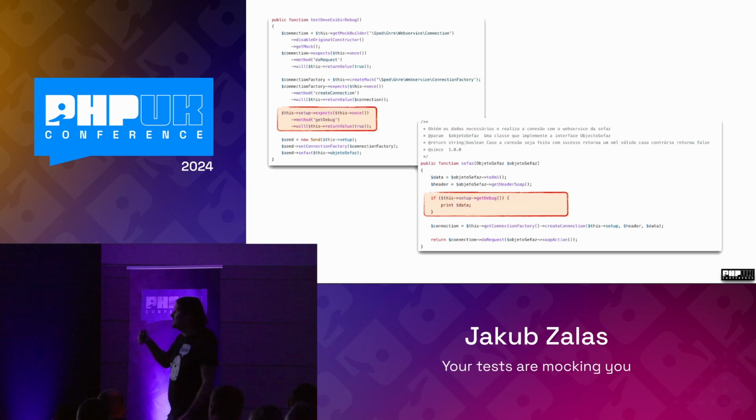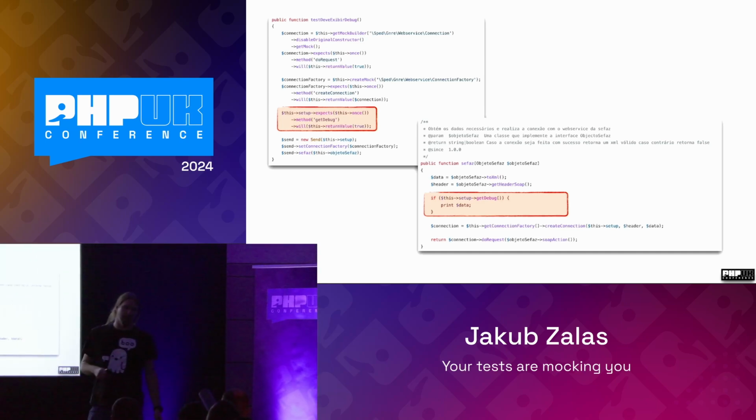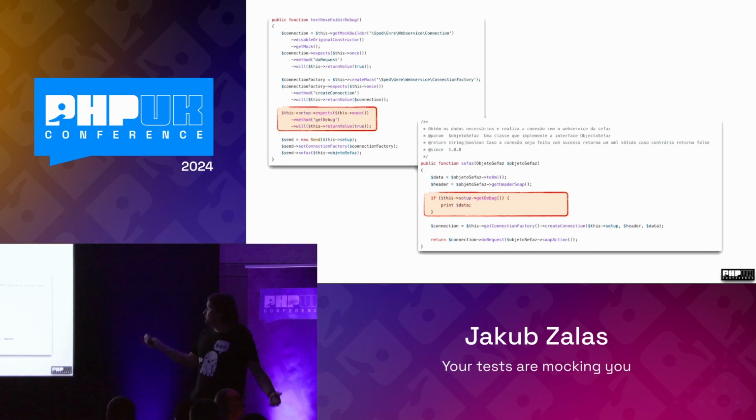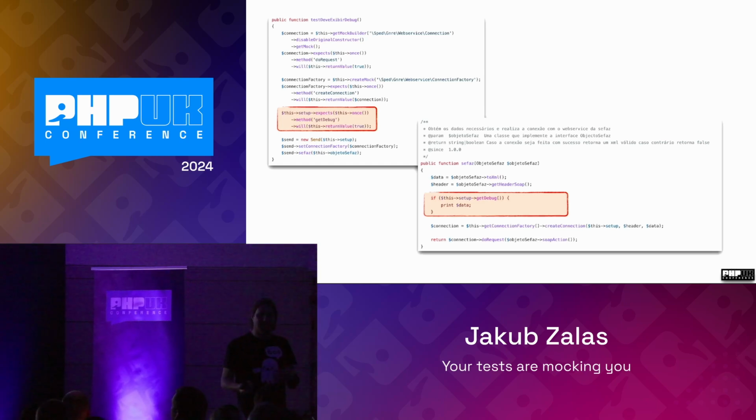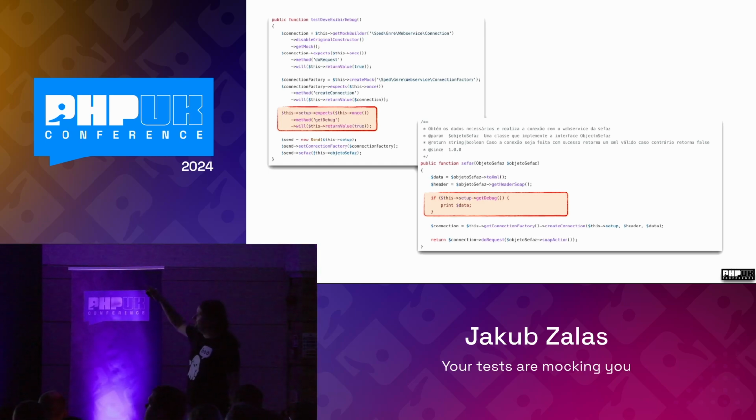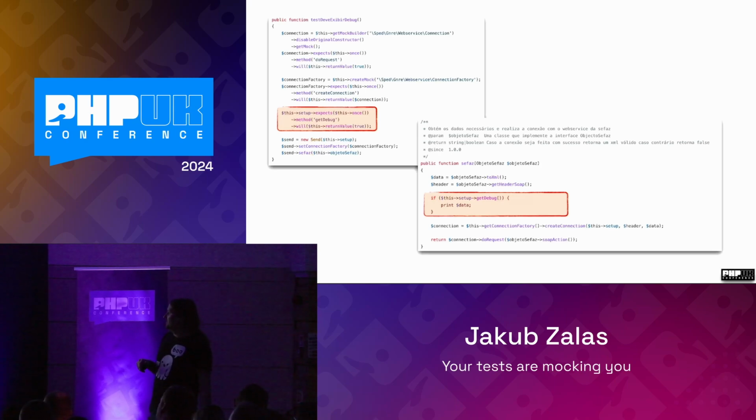Evidently someone is testing the implementation. If this getDebug was set to true, well, it prints some data, but it actually doesn't test the debug functionality, even though it says in the method name test debug. It just tests if the collaborator was called.